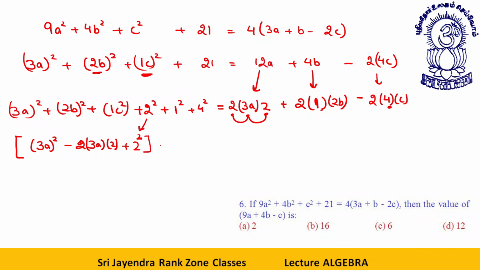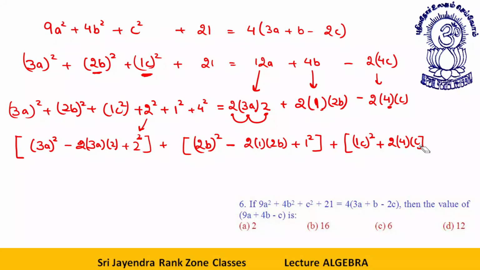Next we have (2b)² minus 2 into 1 into 2b plus 1 square, plus (1c)² plus 2 into 4 into c, and in the last a plus 4 square. Okay, dear students, I close this one.